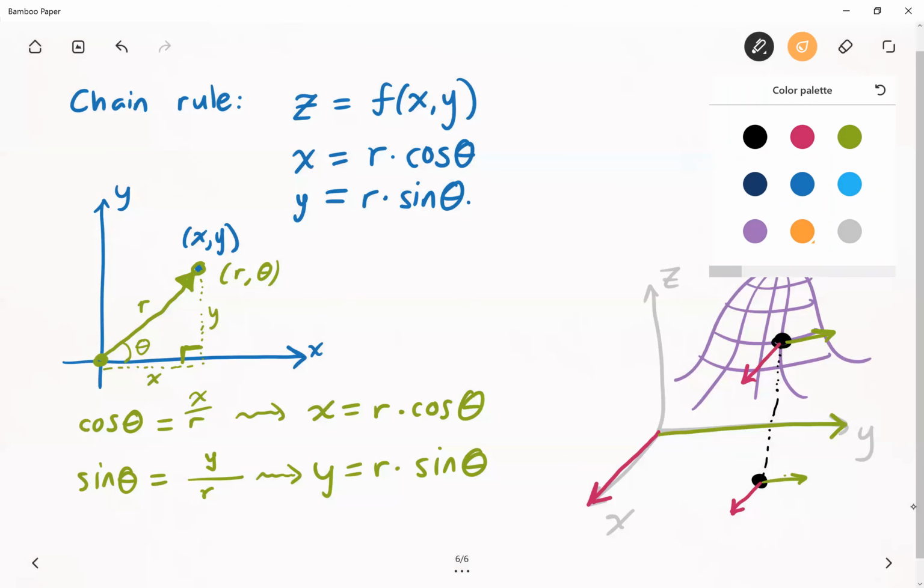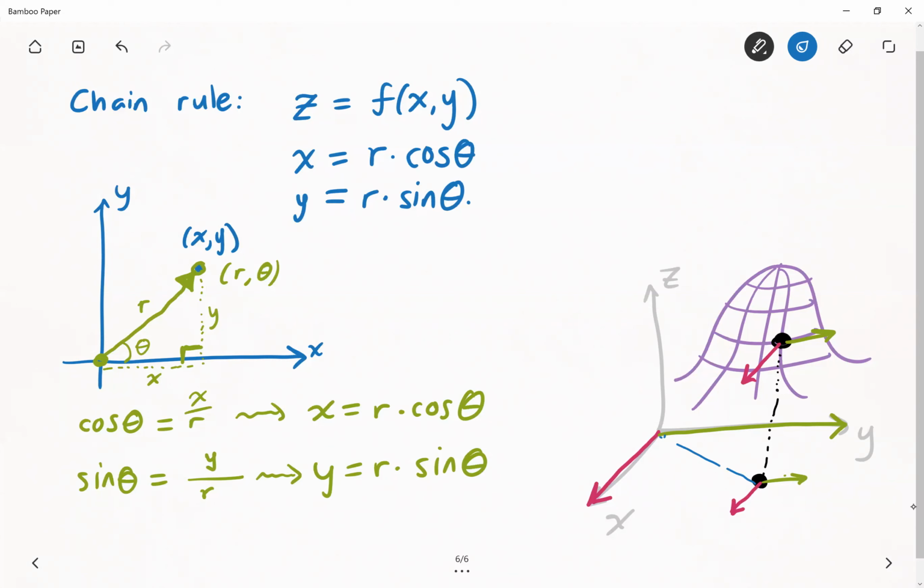Thinking of the function in this way, right, in terms of r and theta, can allow you to think of this problem in a new and exciting way. What if, instead of moving along the x direction or the y direction, or even indeed moving in any one particular direction, what if you started moving on a line away from the origin? Or in other words, what if you're moving along a radius pointing away from the origin?